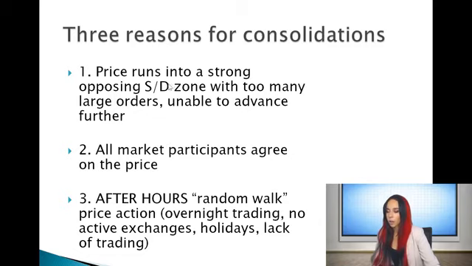So here they are. The first one is when price runs into a strong supply-demand zone that has very large orders, and then the price is unable to keep moving in the same direction. This can also be read as the waning momentum. So let's say you have an economic release that comes up with some really good numbers, but the information was somewhat expected.